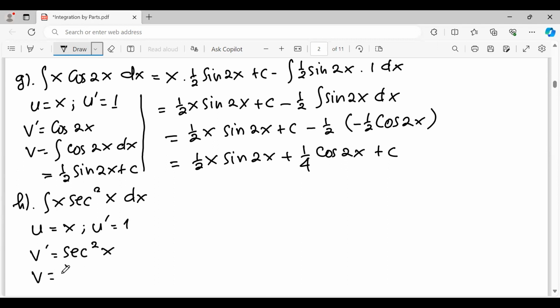So phi is the integral of secant squared x dx, it is tangent x.